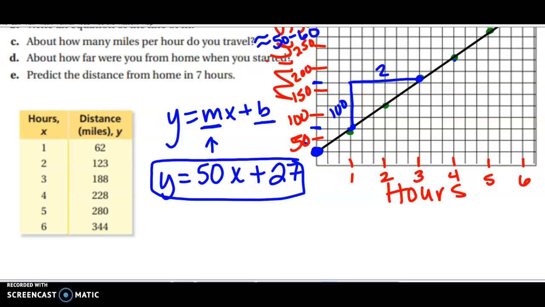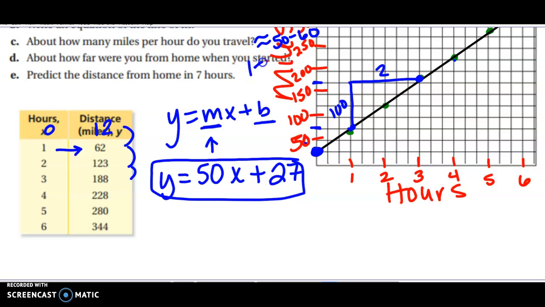So at 0, when I started, I was at home. A lot of people would probably try to say it would be 62, but I want to go to 0. If I went down 50, I could say about 12. Because if I am estimating, if I go down by 50, then it'd be about 12 miles from home. That makes sense.